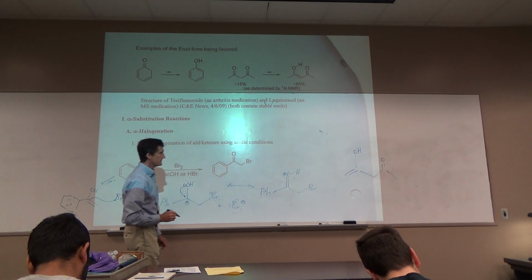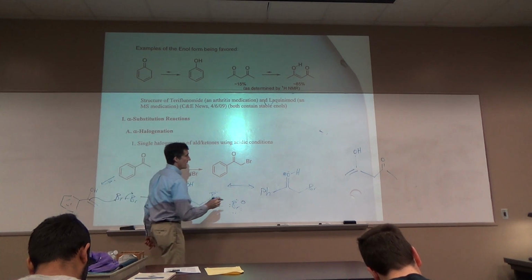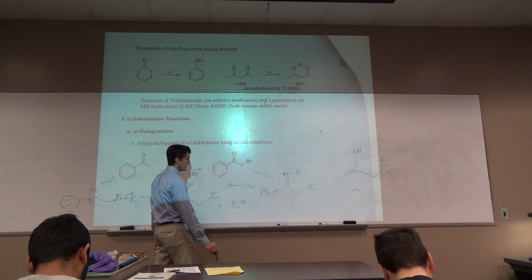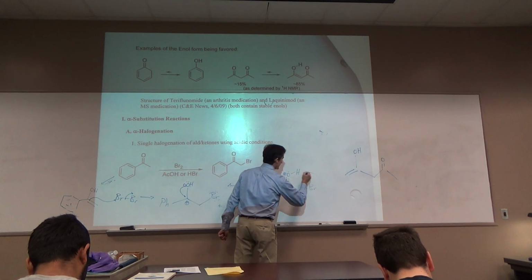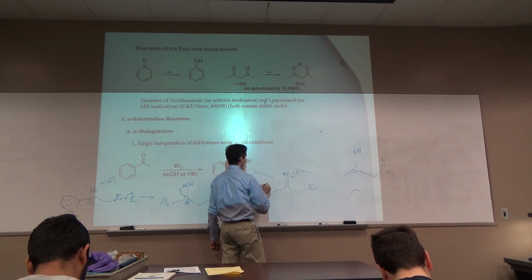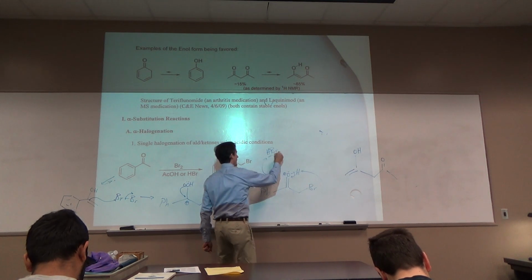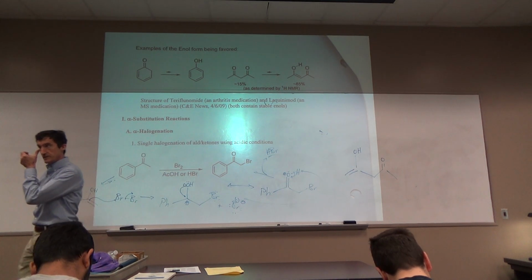It gives that, right? And then how do we get the final product? This takes the H, leaves this behind, we get the final product. What do we produce? HBr, that's the fate of the other bromine.